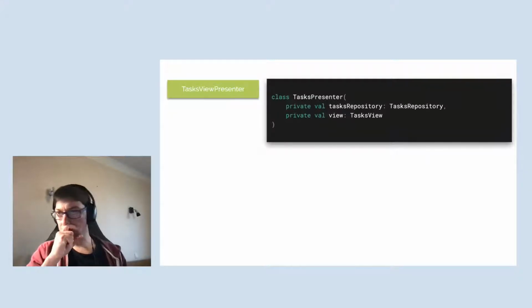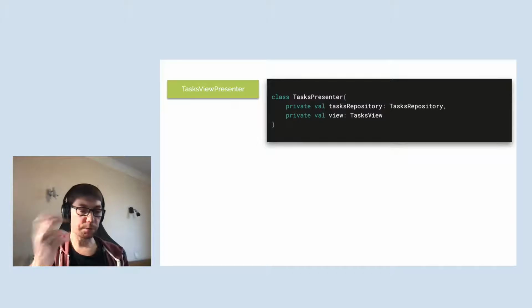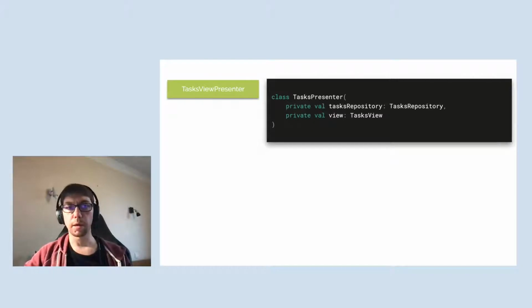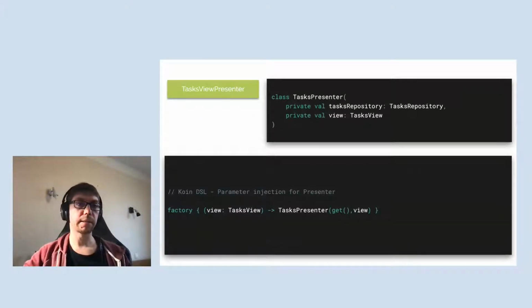If we are in an MVP architecture, that means that instead of a view model logic component, you have a presenter component that finally helps you to deal with your logic another way. The way we are declaring it with Koin will be just a factory.